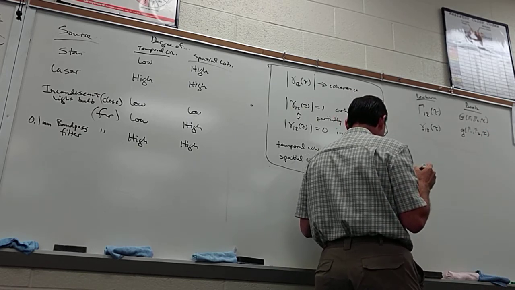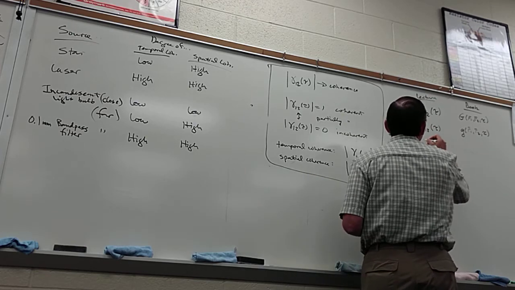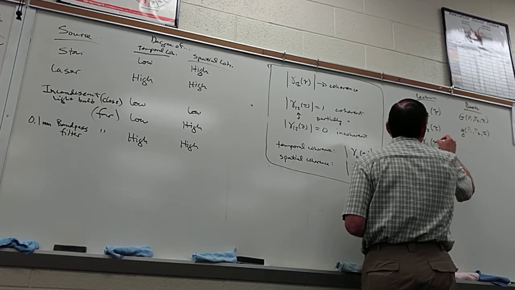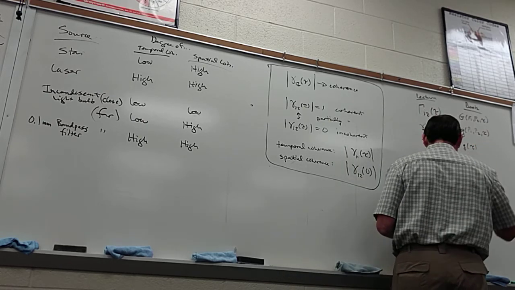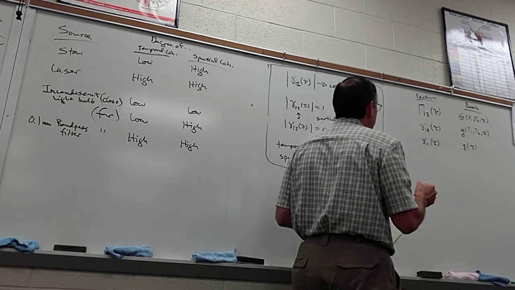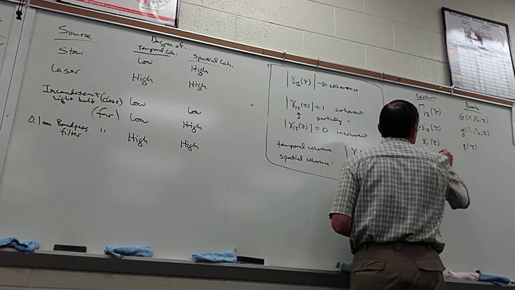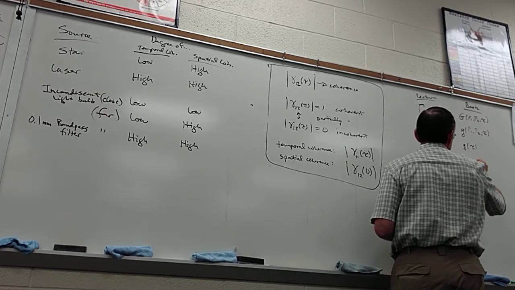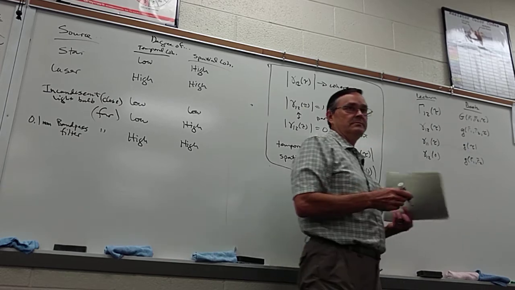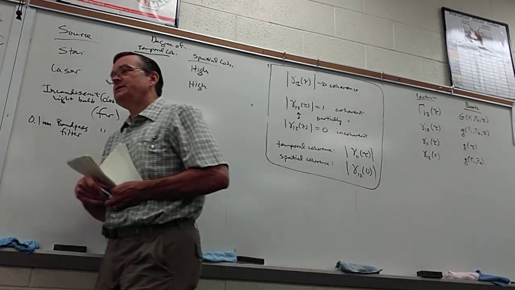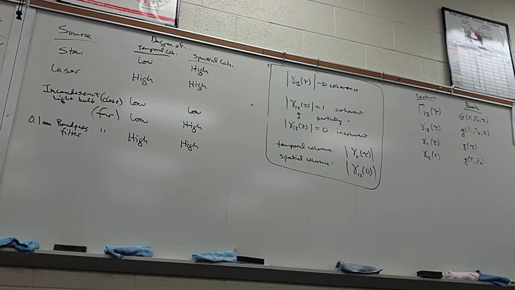The temporal coherence, they call that little g of tau. And the spatial coherence, they call that little g of R1, R2. So basically they use big and little g and then play with which arguments are there to clue you in as to what they mean. But at any rate, that's the correspondence.